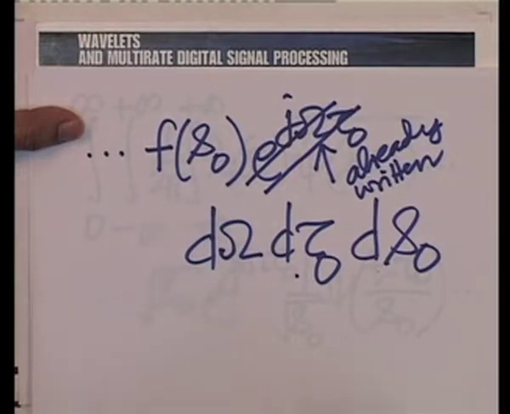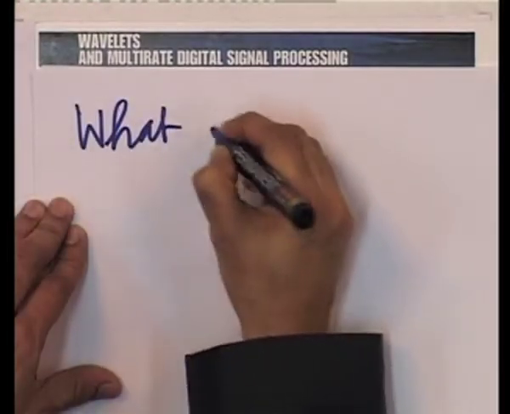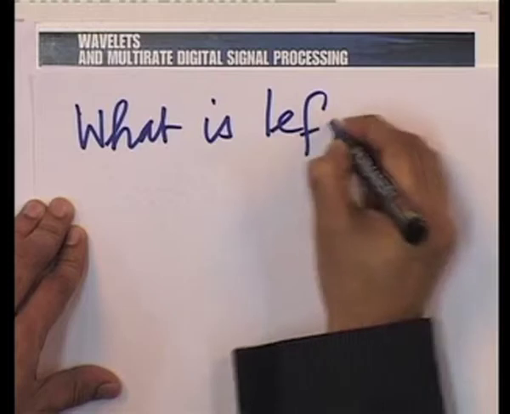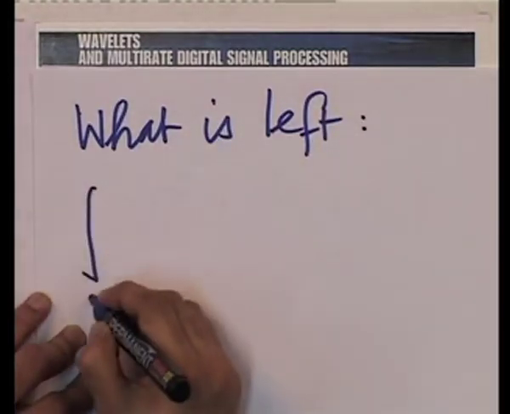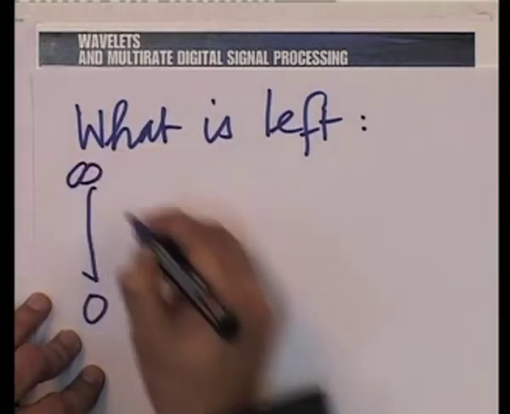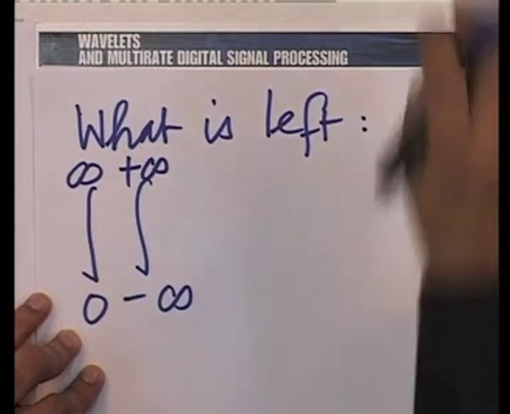Now, let us look at the d S naught part. In fact, let us write down what is left for convenience at the moment. What is left is as follows: the integral on S naught and the integral on omega.